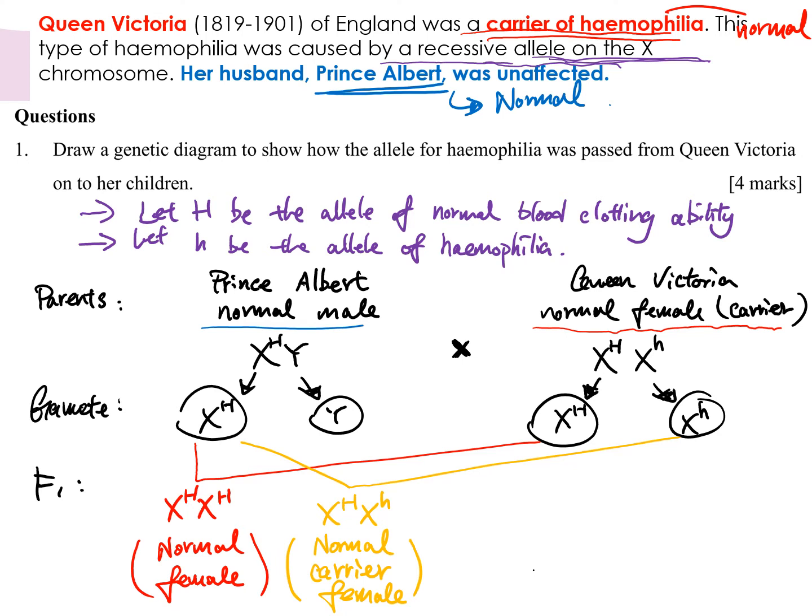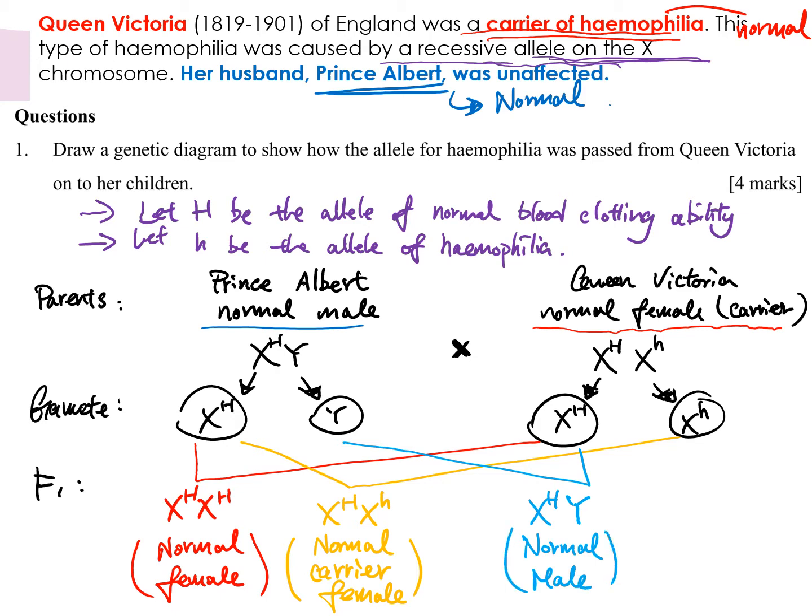And then another type of offspring coming out after fertilization would be a male, and this male is a normal male with normal blood clotting ability.